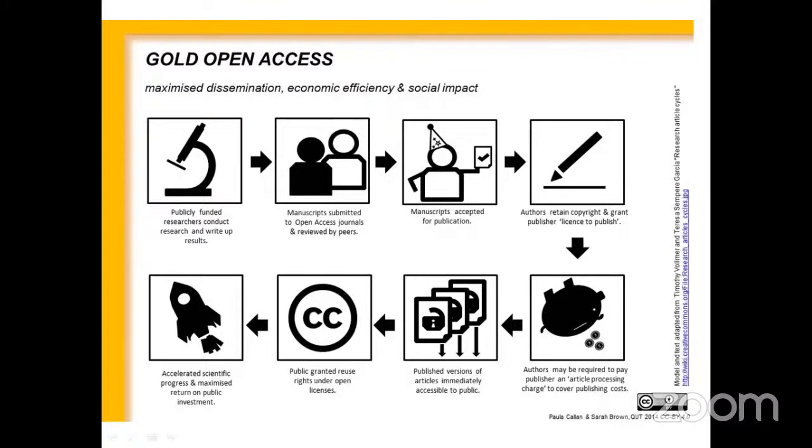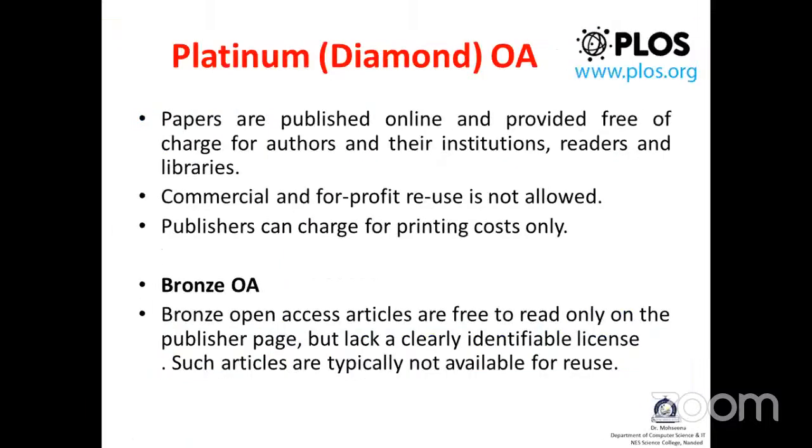That is what I will show you. And once it has copyrights, it gains acceleration, it takes a high peak. Many people are visiting and viewing your article. When they view your article, they know about it, they can access it and they can work on it further. This is the complete iconic representation of your golden open access.